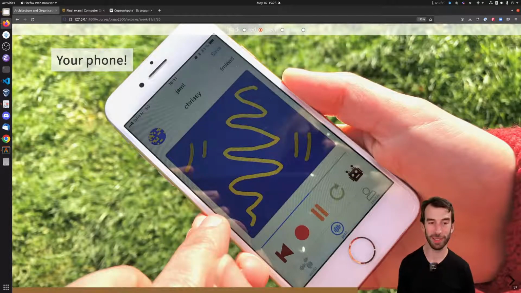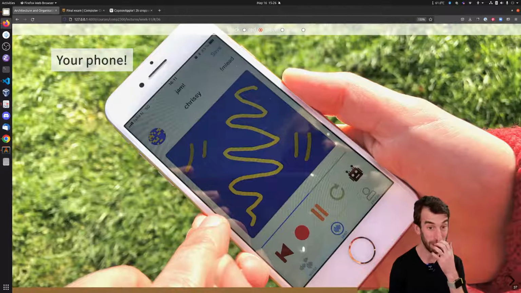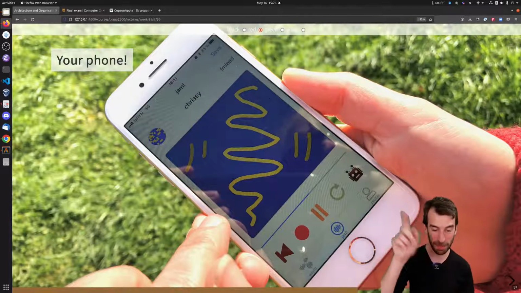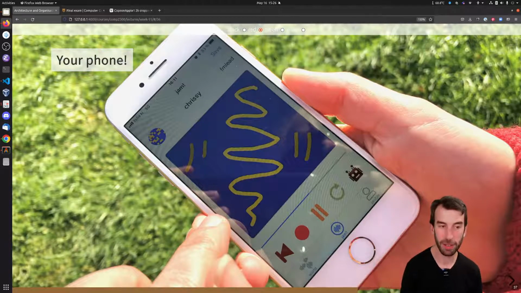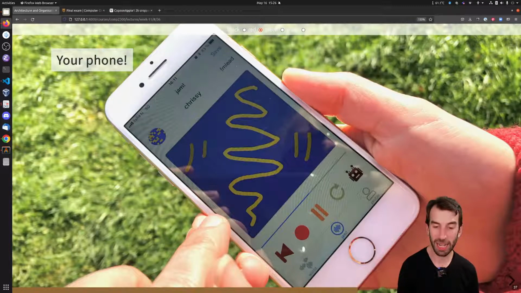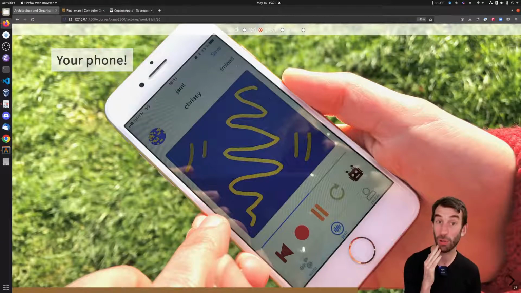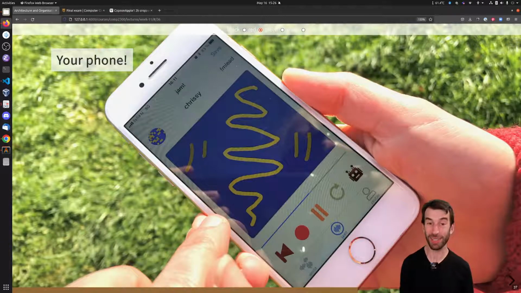Everyone's got a phone. This is an old phone with an app that I was designing some years ago as part of my research. It would be a sort of music app, you scribble on it, it does some stuff. But this phone, an iPhone 8, which is old now, right? It's a few years old. And it was a 6-core phone. 6 cores in one phone.